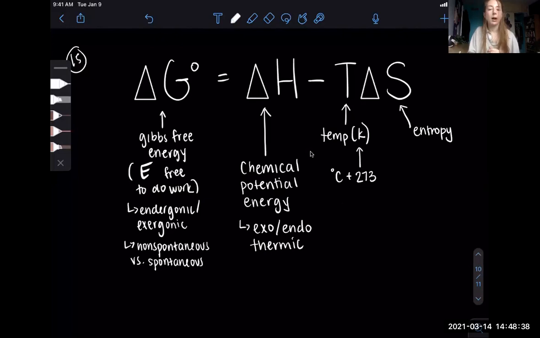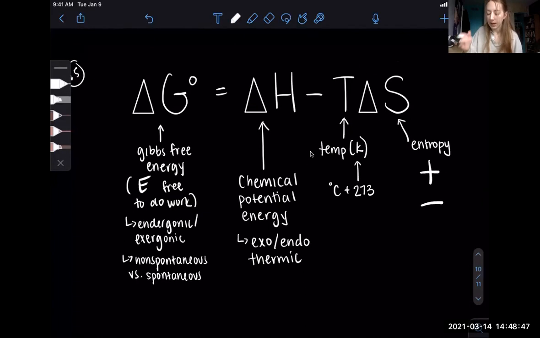And the last part is entropy. We can have a positive or a negative entropy here, which can influence the result. So let's say we do have an exothermic reaction, and this will be negative. But we also have negative entropy.